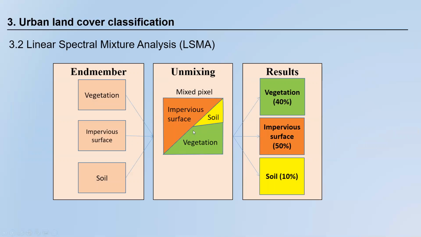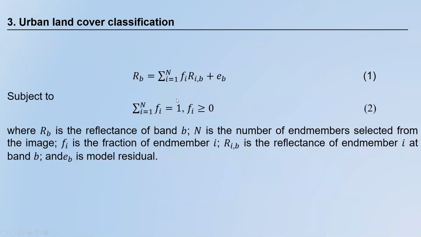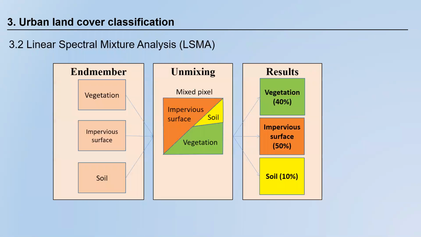The whole pixel should be unmixed. If it is not 100%, where is the rest? It's not possible. So the sum of Fi should be 1, and Fi should be equal to or larger than 0 because it is a percentage. If you get a negative value, obviously there was something wrong with your solution of this equation set.